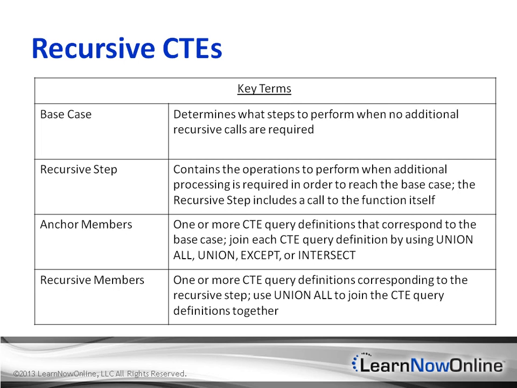Anchor members are one or more CTE query definitions that correspond to the base case. Each one of those CTE query definitions is joined using a union all, union, except, or intersect, but they don't reference the CTE directly. Recursive members, on the other hand, are definitions that are also joined together using union all, but they do reference the CTE query. That's how they call themselves recursively.